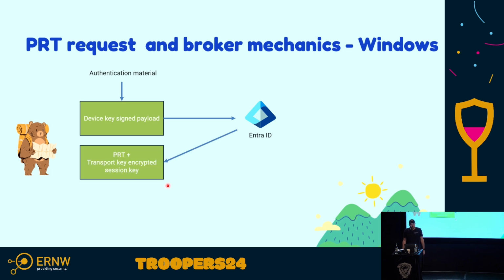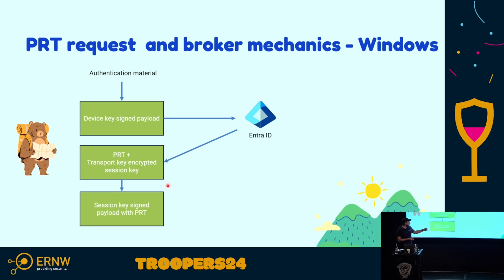Entra will then send us back a primary refresh token, and it will also send us the session key. The session key is the most important part here because that is needed to use the primary refresh token. The session key is encrypted with a transport key, that was the second key that we just talked about. So the device can decrypt the session key, and then it can use that to actually request tokens.